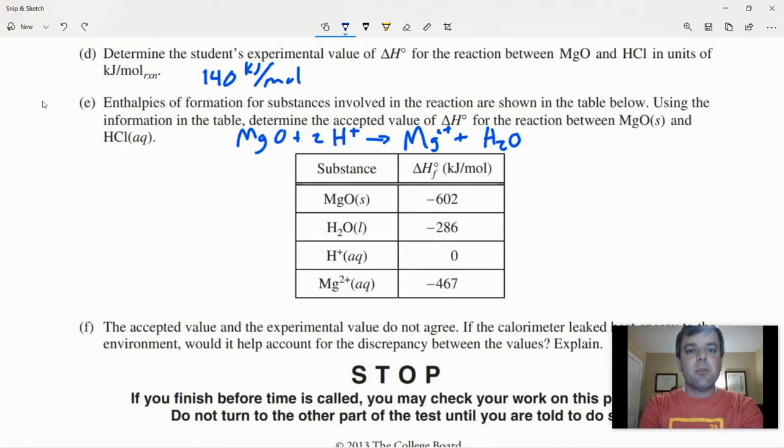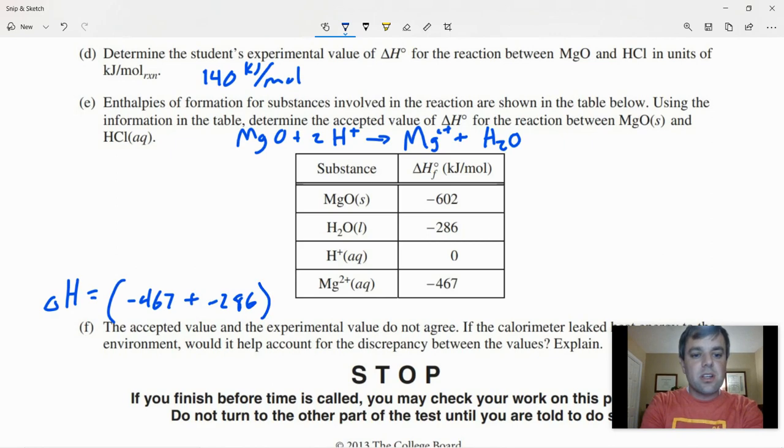So enthalpies of formation for the substances involved in the reaction are shown in the table below. Using the information in the table, determine the accepted value of delta H for the reaction between MgO and HCl. So we're going to use Hess's law, which says that the delta H for the reaction equals the standard enthalpies of formation of the products minus the reactants. So our products are Mg2+, which is negative 467 kilojoules, plus H2O, which is negative 286, minus our reactants.